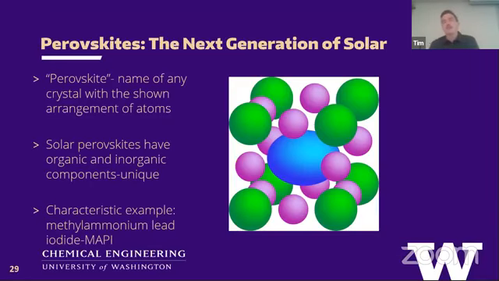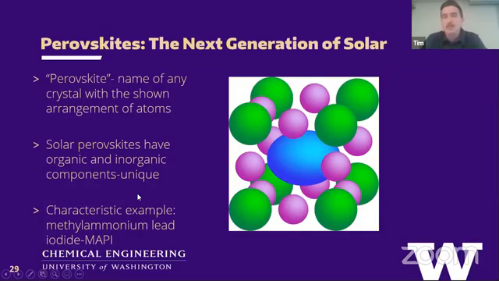And so what is a perovskite then? Well, perovskite is not exclusive to the solar type of perovskites that we're using to make the next generation of solar cells and solar panels. It technically refers to any crystal that has this cubic arrangement of atoms in space.